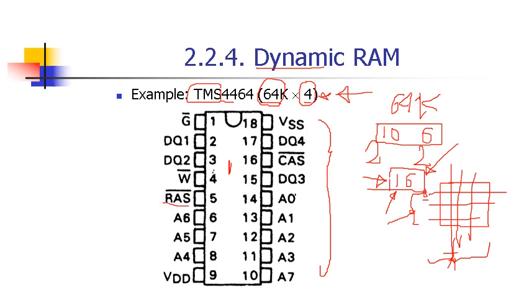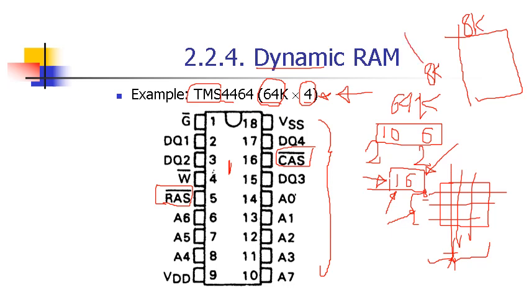Row address strobe, you address a single row, and the column address strobe, correct? So instead of arranging the 64K in a single column or a single row, you arrange them in 8K by 8K rows and columns.